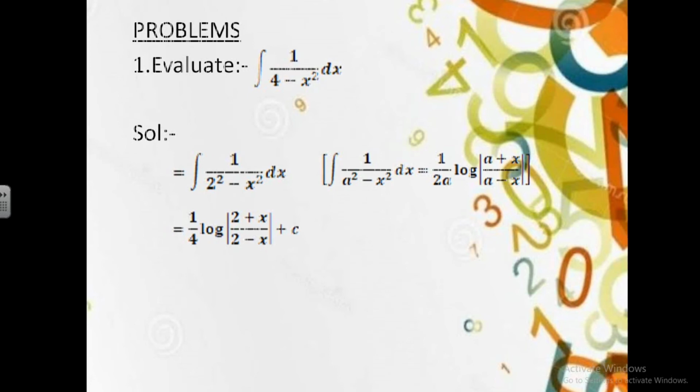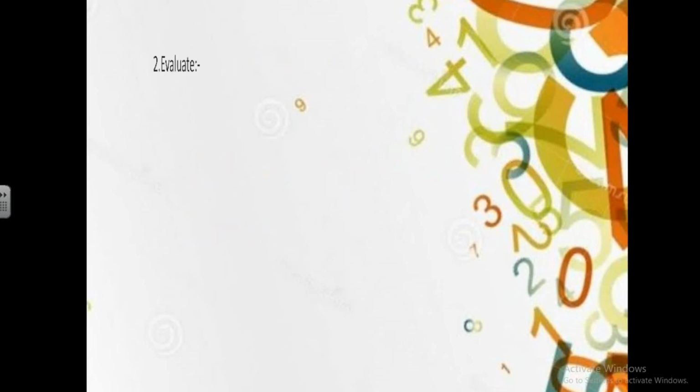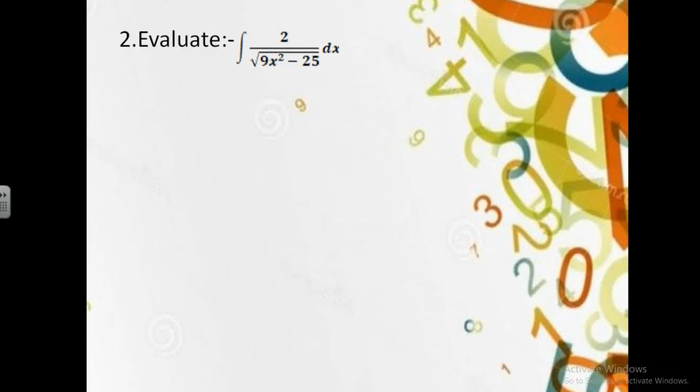Next, second one, evaluate integration of 2 by root 9x square minus 25 into dx. First of all, I am taking 2 outside and converting the denominator expression into monic.